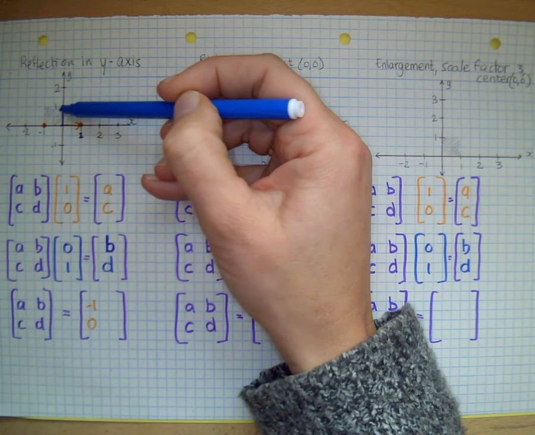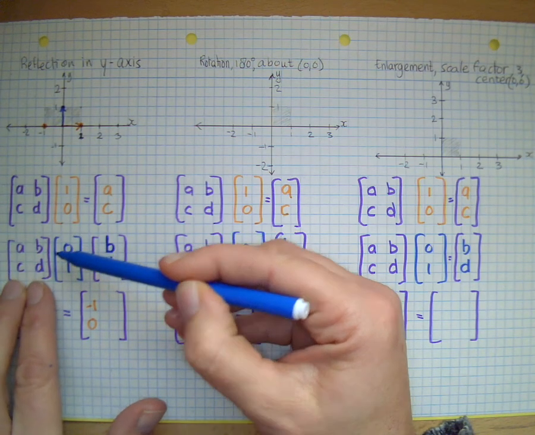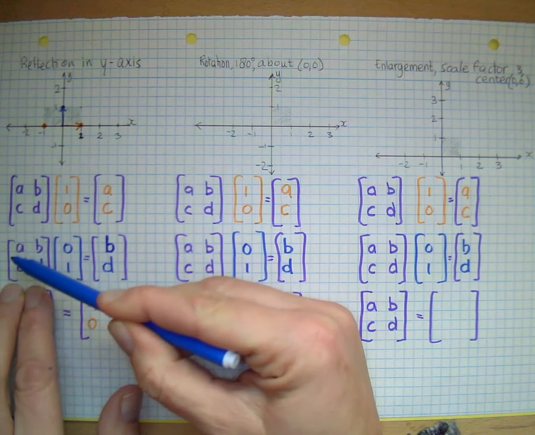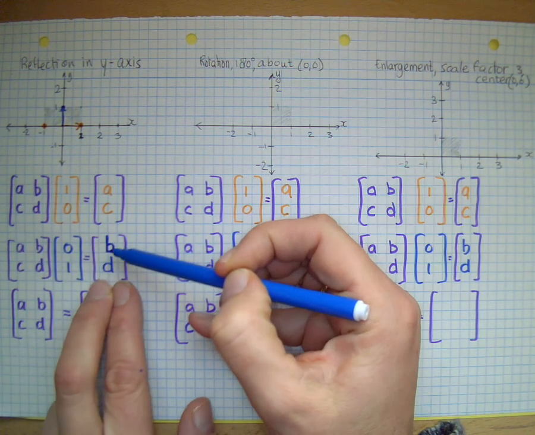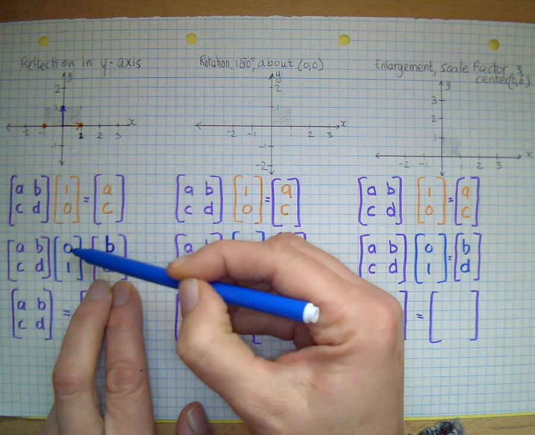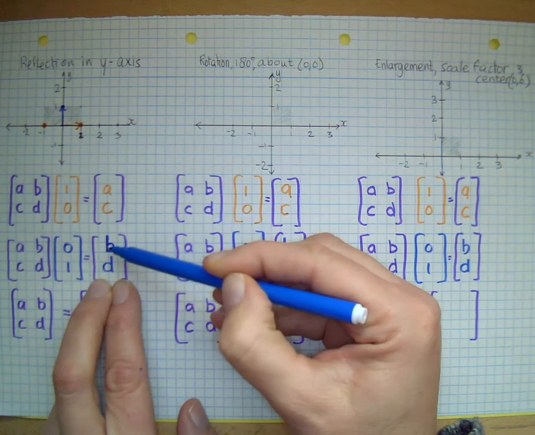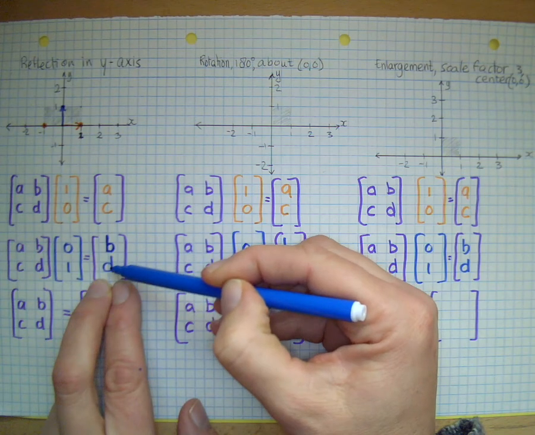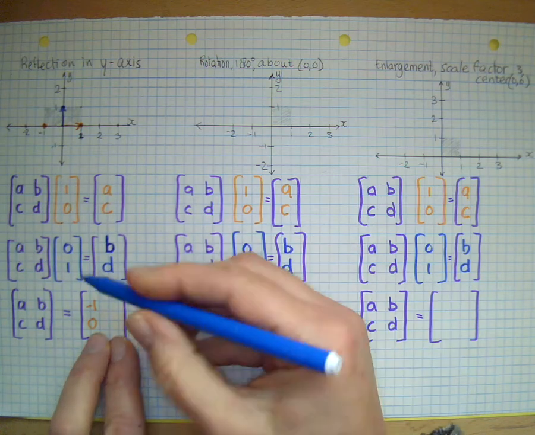So the blue vector, we applied the transformation matrix to it, and the resulting vector is still 0, 1, right? There it is, 0, 1. So B is 0, D is 1.